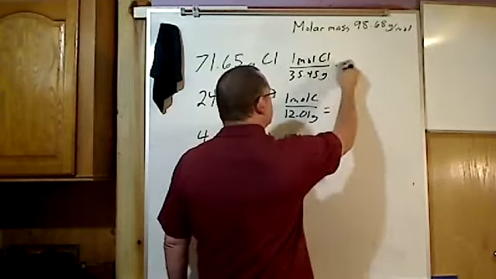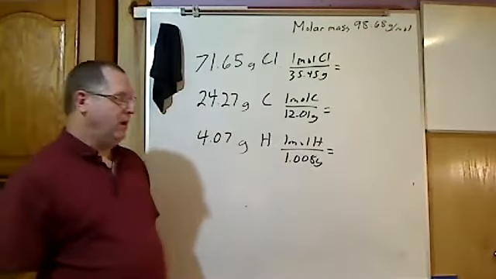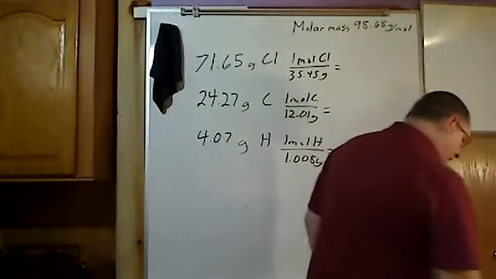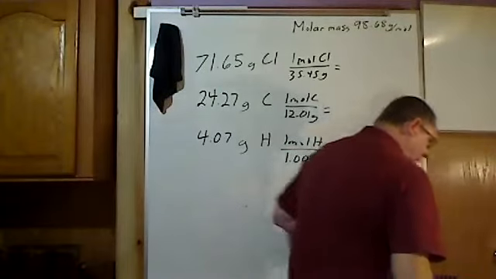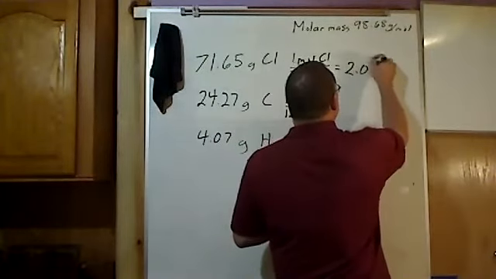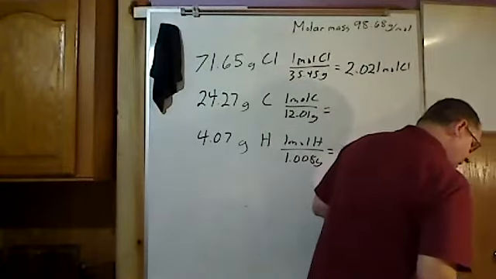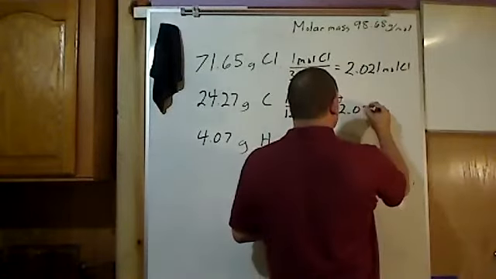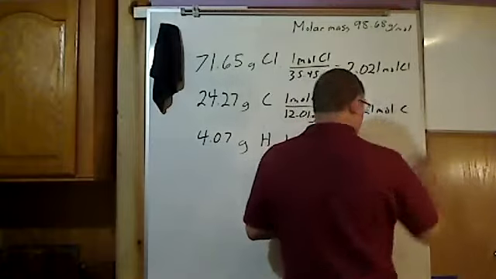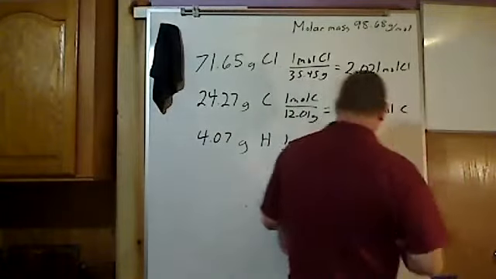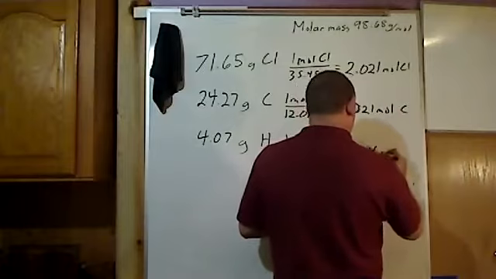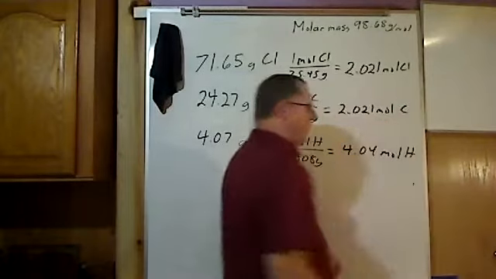So this gives us our moles of each of these. Now, going to my handy dandy calculator, I actually punched these in ahead of time. So this is 2.021 moles of chlorine, 2.021 moles of carbon, and 4.04 moles of hydrogen.